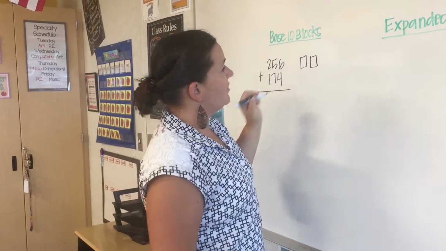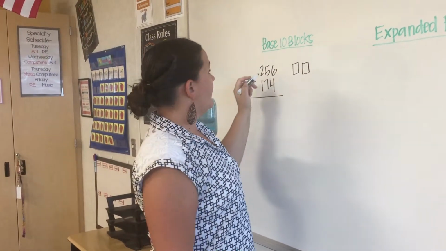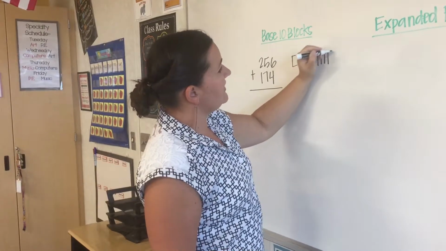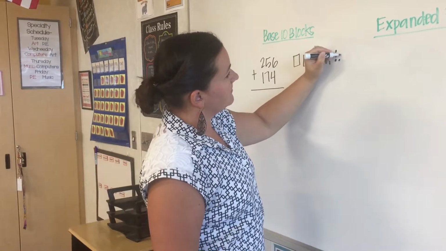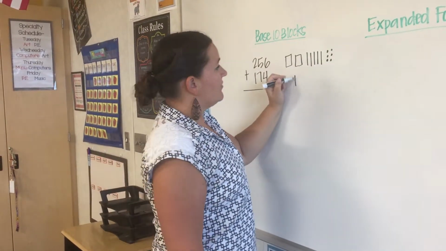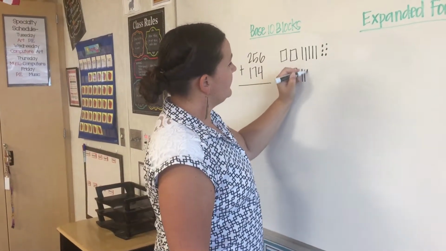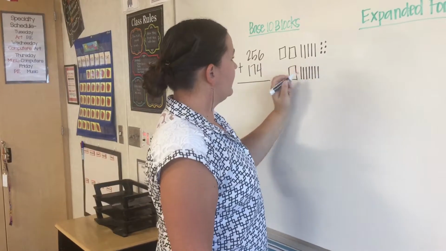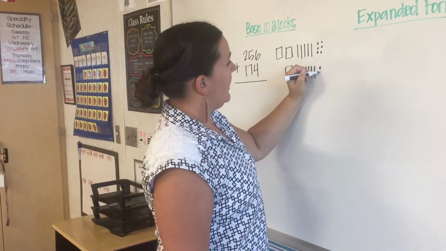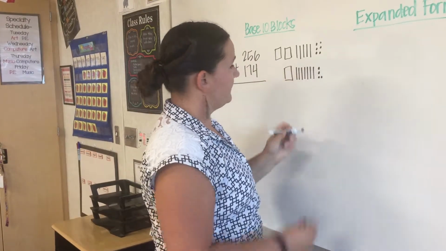These square blocks are representing my hundreds. My tens, I have 5 of them, 10, 20, 30, 40, 50, and 6 ones. 174, I need 100, 7 tens, and count that, 10, 20, 30, 40, 50, 60, 70, good, and 4 ones.